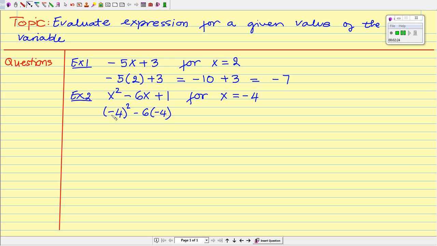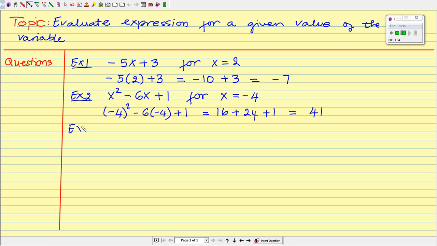Now it's very important that when you substitute x for a negative number, you make sure you put your integer, negative 4, inside the parentheses, because without the parentheses, you only take 4 squared, not negative 4 squared. Plus 1. Now we are going to take care of the exponent first, so that will give us 16. And then multiplication next, so plus 24, and copy the last constant. Add them up. The sum of these 3 integers will be 41.